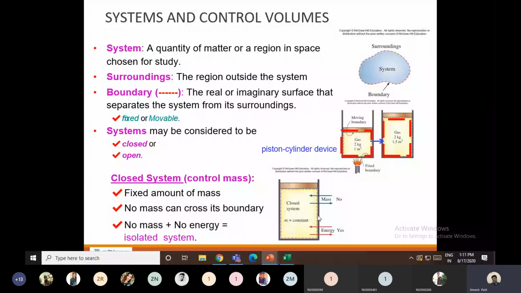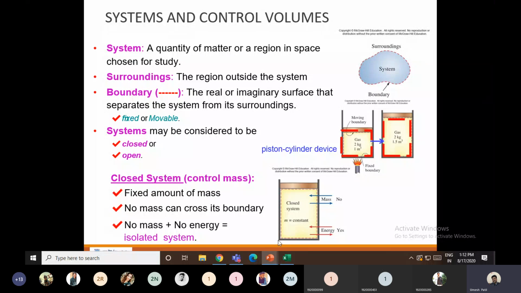This is a cylinder filled with a certain gas, and this gas inside the cylinder is our system, and it is fitted with a piston. Here mass is not crossing, this gas is not leaving this container, so that's why it is an example of a closed system. No mass can cross its boundary.